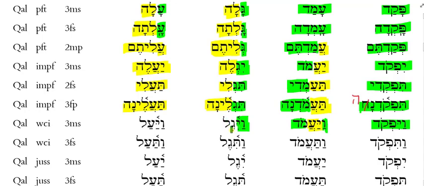That's going to leave this as a consonant cluster, and frequently a segol will drop in here to break up the consonant cluster. Vayigel, vayigel. So we are definitely weak on the back end here. Vayigel, vayifqod, vayigel.